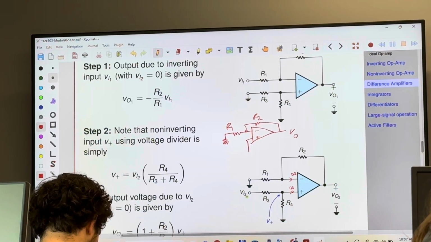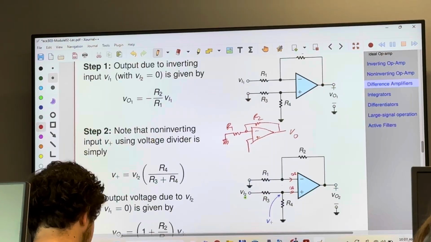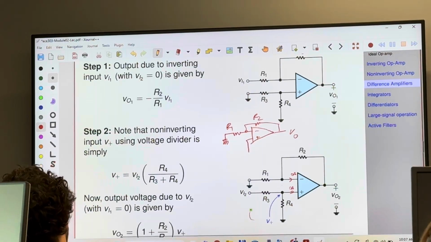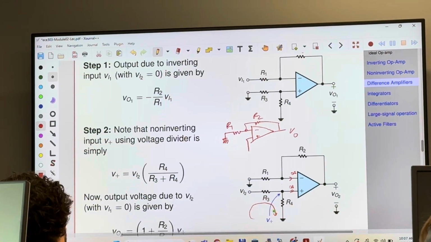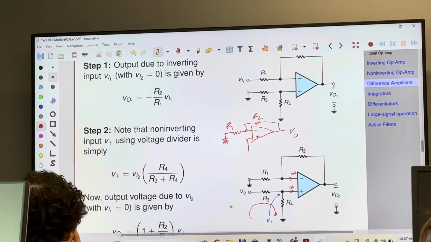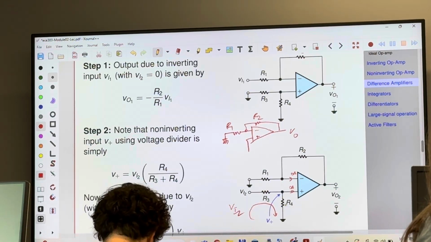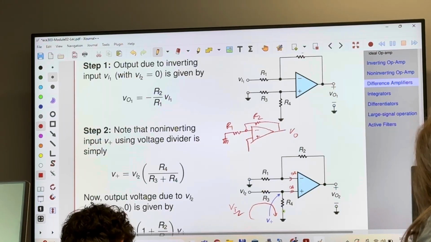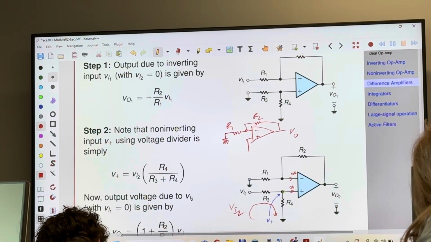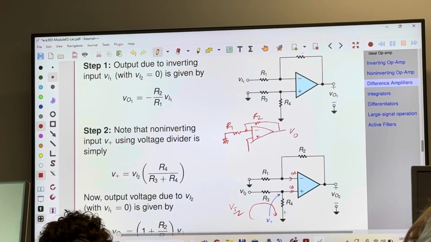If the second input is activated, don't you think there is a voltage divider here? So Vi2, R3 here and R4 here. Therefore, the voltage at this point is V plus.